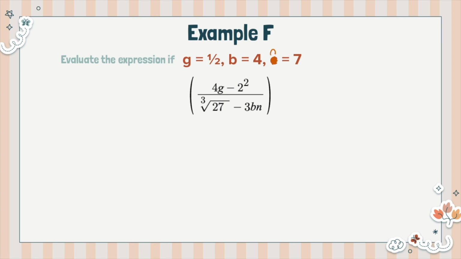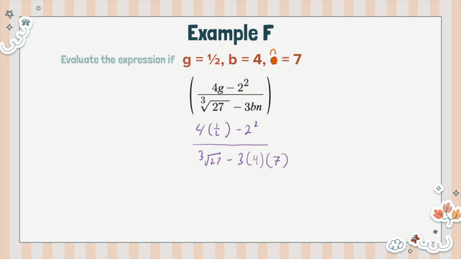So again, we're going to substitute in using parentheses, follow order of operations. We'll do everything on the top, everything on the bottom, and then we'll divide if possible. All right, so we've got on the top, we've got 4g, so 4 times 1/2, minus 2 squared. All over, we're going to have the cube root of 27, minus 3, and then parentheses times 4, and then parentheses times 7.